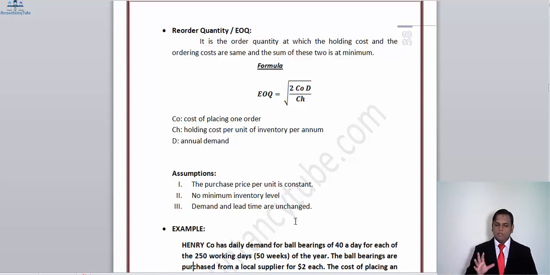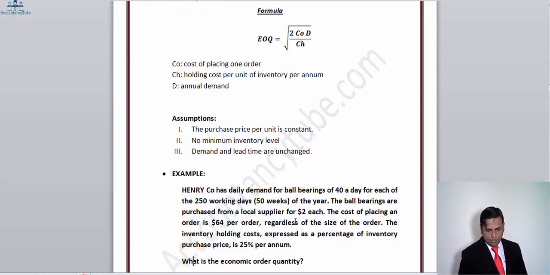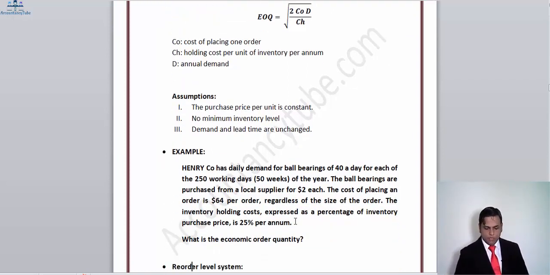In a perfect world, this will give you a minimum order level which your business should place to keep costs low. Now there's an example in relation to economic order quantity. Handico has a daily demand for ball bearings of 40 a day for each of the 250 working days, that is 50 weeks.